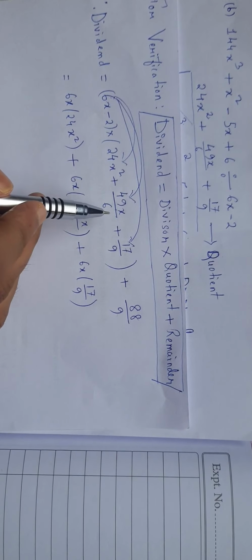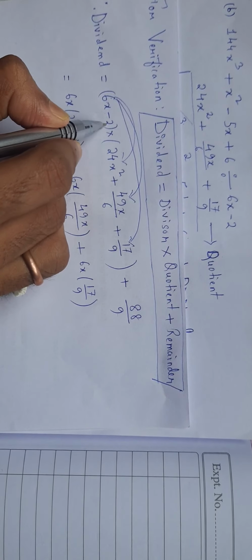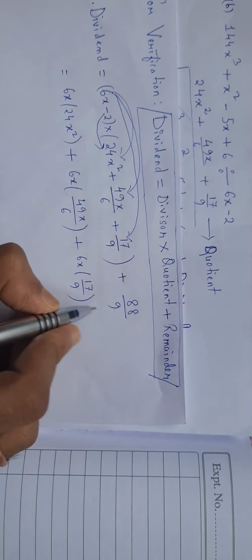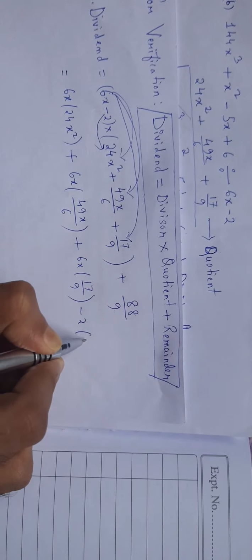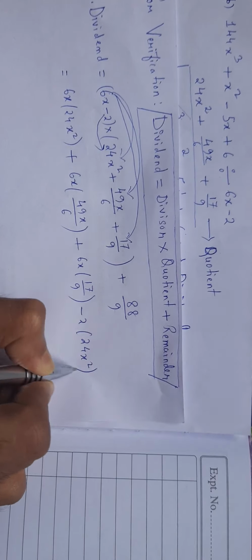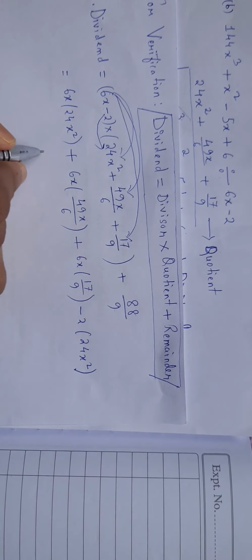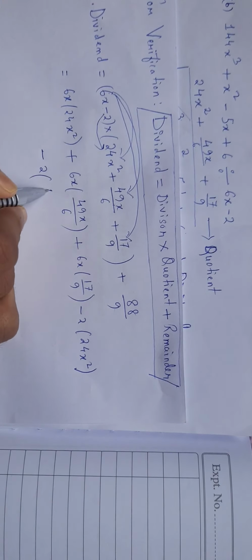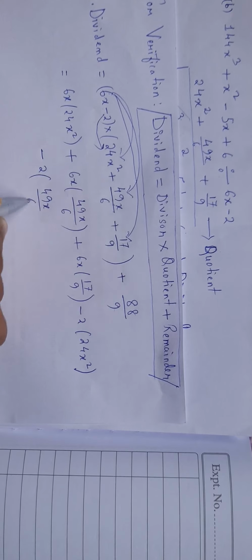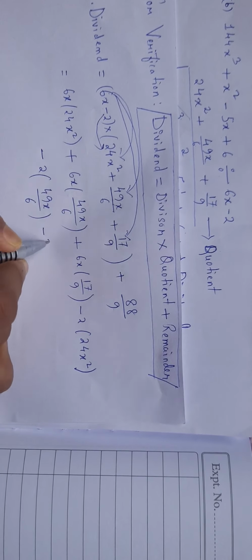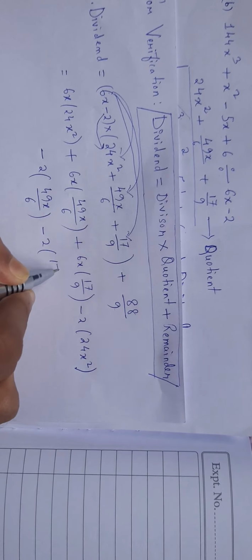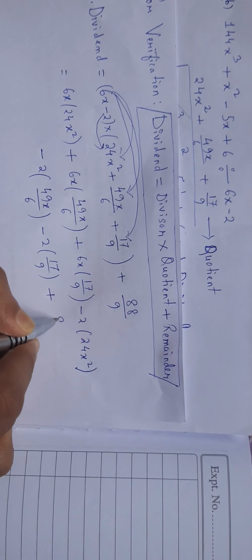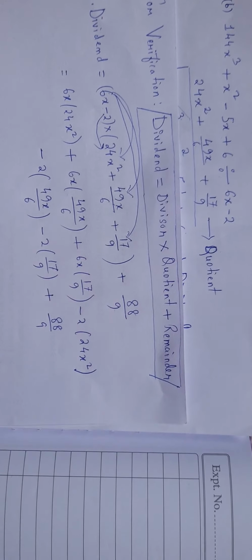So first part is over. Now next, with minus 2 I'll multiply all these three terms. So minus 2 into 24x square, minus 2 into 49x by 6, and then minus 2 into 17 by 9 plus the remainder, which is 88 by 9.